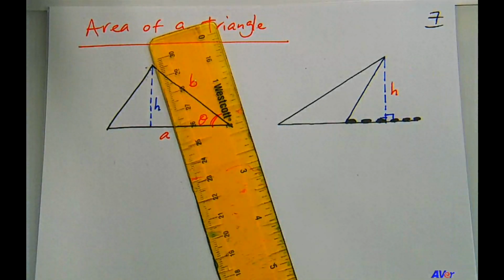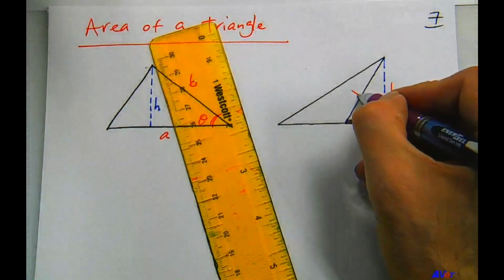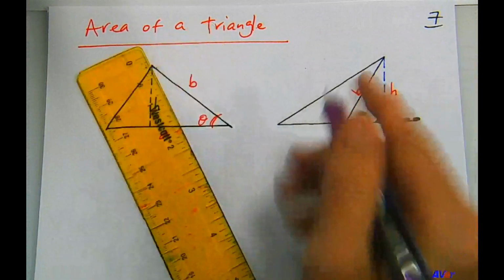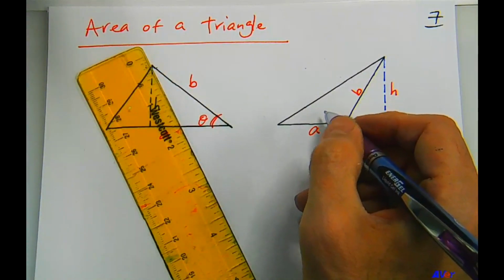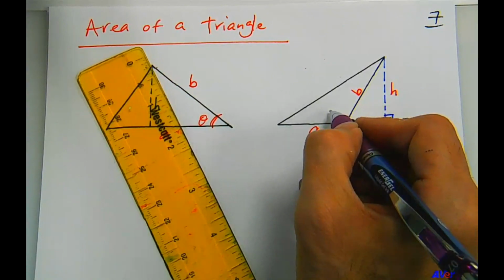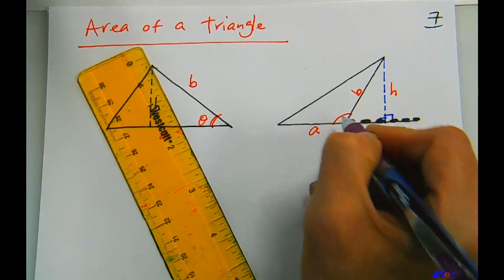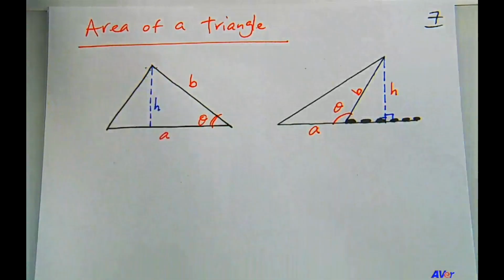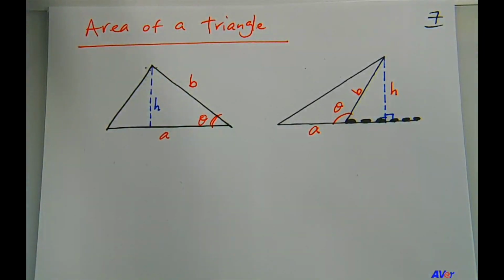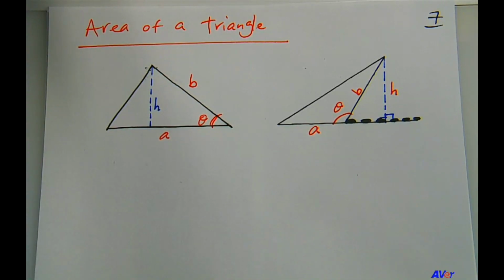And let's say that the length of this side is b, the length of this side is a, and this is theta. And so theta right here. Okay. So we want to say, let's see.